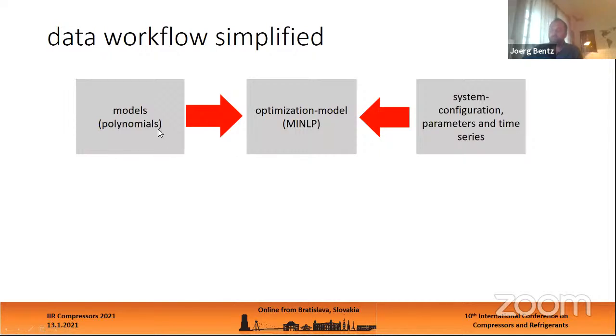Those polynomials are then fed into this optimization model, and together with the system configuration, the parameters for the system, and the according time series, we can create this optimization model, which can then be solved with some solvers; a few are actually available to solve this kind of model. And after the solve, we get to the optimized operation of the system.